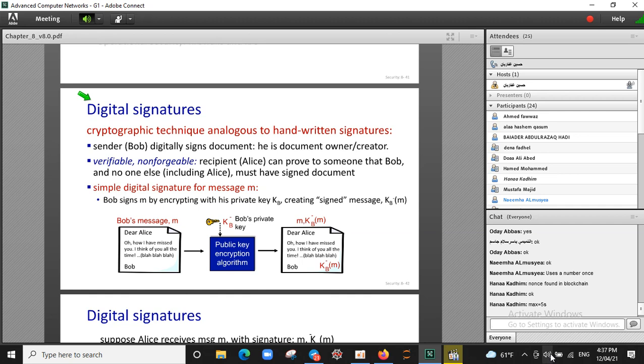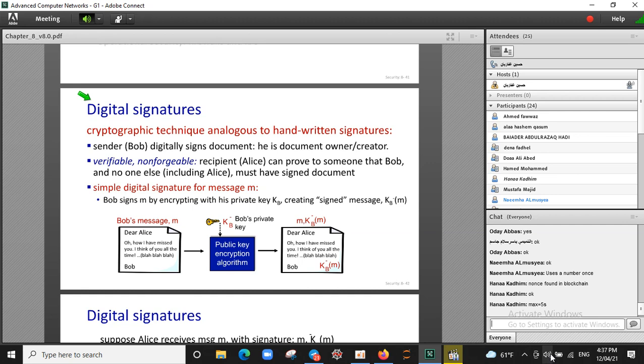So how can I prove this? For example, I receive a letter. This letter comes to me from Dr. Rahman, for example. How can I prove that Dr. Rahman is sending this message to me? Or, for example, the dean of the university sends a letter to me.